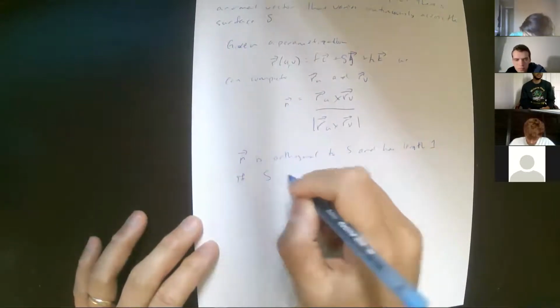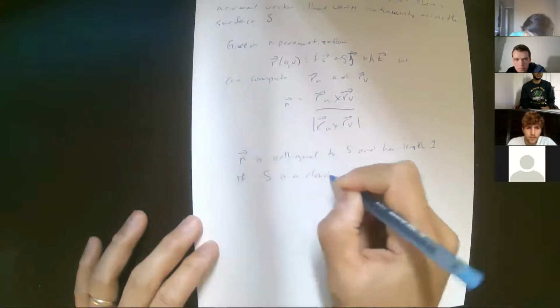So this is the normal vector that points in the positive direction, okay? What does positive mean? It's going to mean up in this case. Positive is defined by our right-hand rule, and in this case, it will be up. If I have a closed surface, if S is a closed surface, then n points outward.